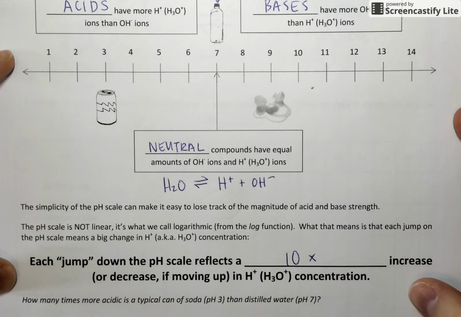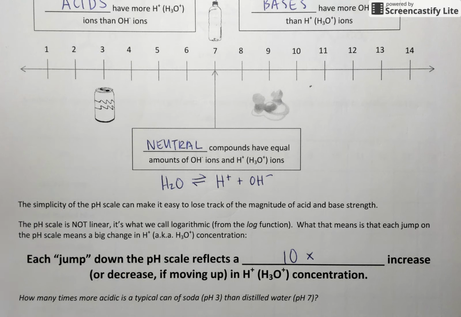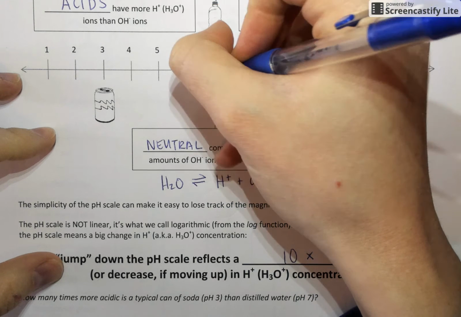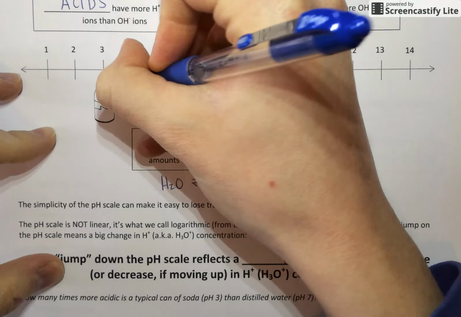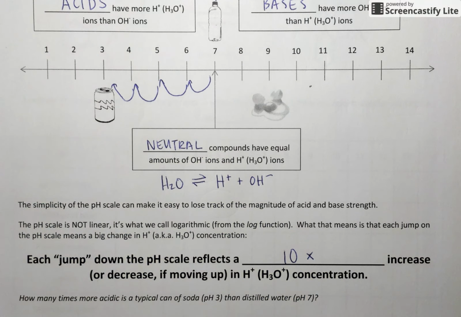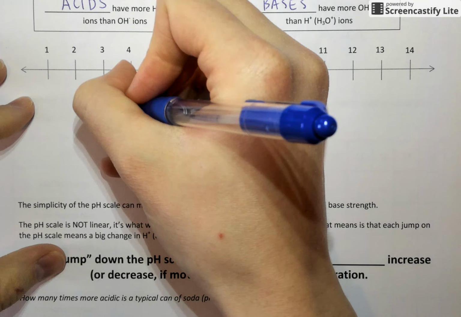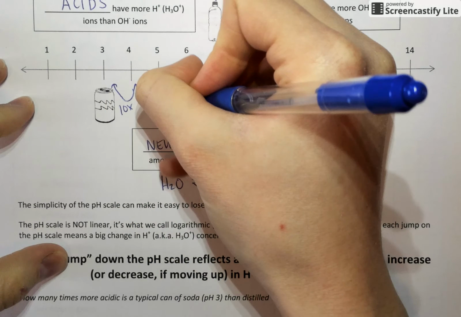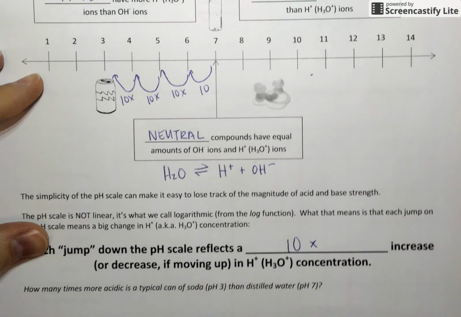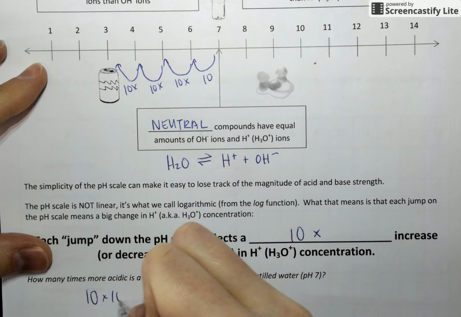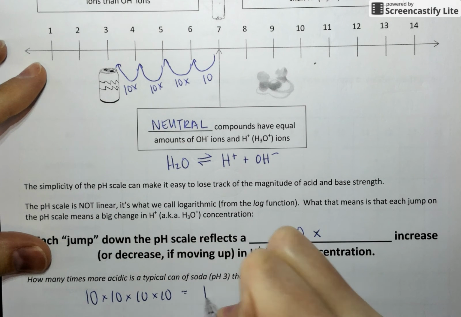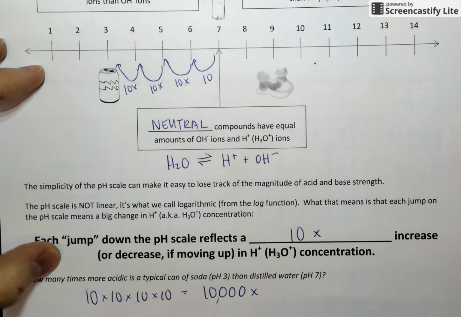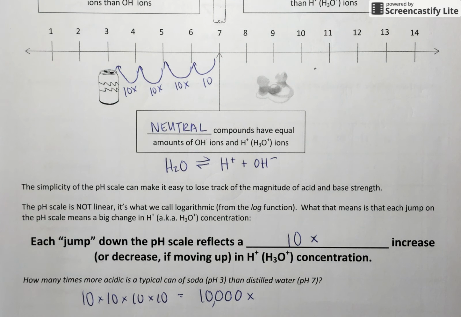So when I ask how many times more acidic a typical can of soda with a pH of 3 is than distilled water with a pH of 7, what we really are asking is: if I take this pH from 7 and move it down 4 pH units, every jump multiplies by 10, not adding together, multiplying. So I've got 10 times 10 times 10 times 10, for a total of 10 to the fourth, or 10,000 times more acidic than our regular distilled water.